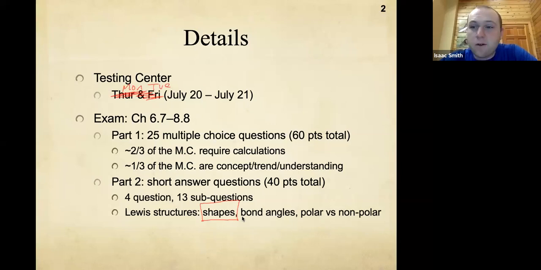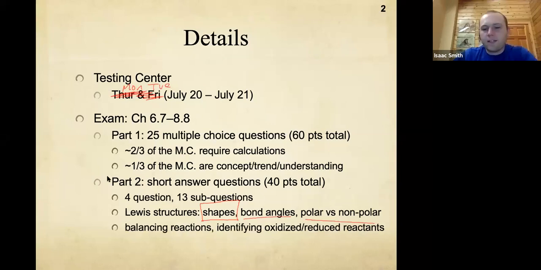But do the lecture on shape, I think it's lecture 12. Bond angles, and whether a molecule is polar or non-polar, will be a big part of the short answer questions. Balancing reactions and oxidized and reduced reactants is the other part of the short answer questions.